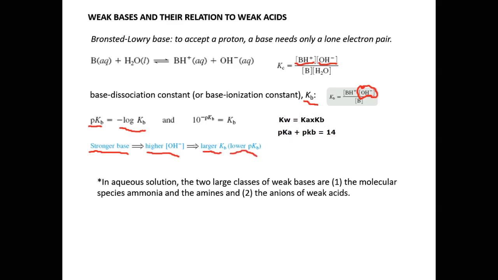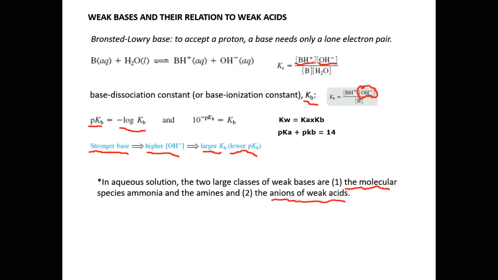And there are two classes of weak bases. The first one is molecular species such as ammonia and the amines. The second one is anions of weak acids. So if you have an anion of a weak acid, it's a weak base.